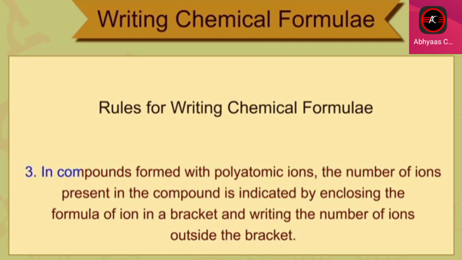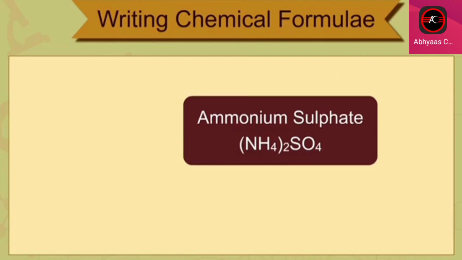3. In compounds formed with polyatomic ions, the number of ions present in the compound is indicated by enclosing the formula of ion in a bracket and writing the number of ions outside the bracket. For example, the formula for ammonium sulfate is (NH4)2SO4.